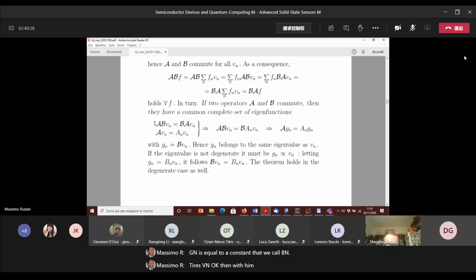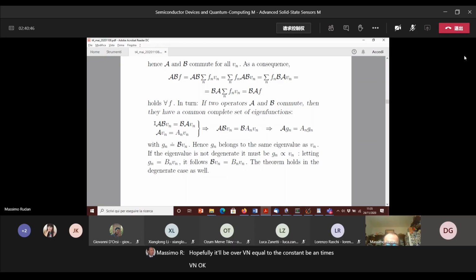Then we remember that the definition of Gn is the operator B applied to Vn, and we find that Vn is also an eigenfunction of B, because operator B applied to Vn is equal to the constant Bn times Vn.